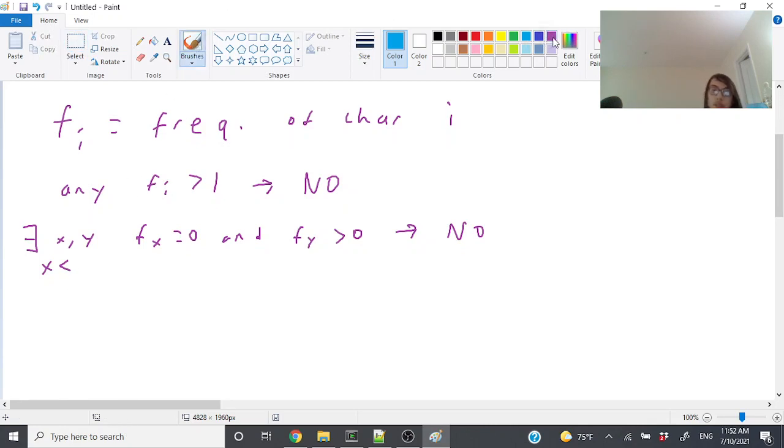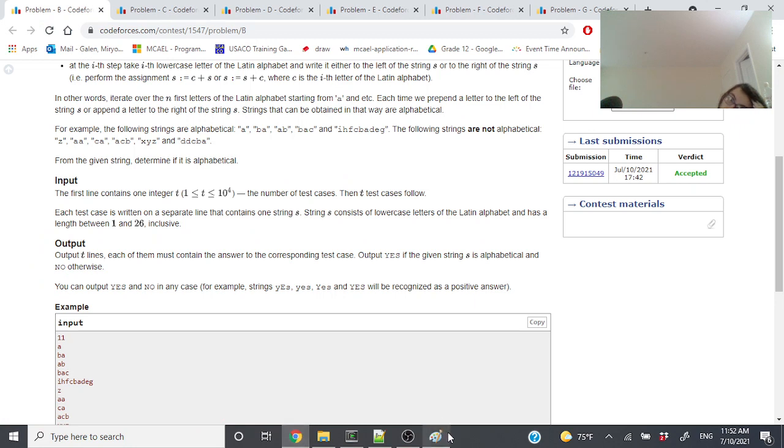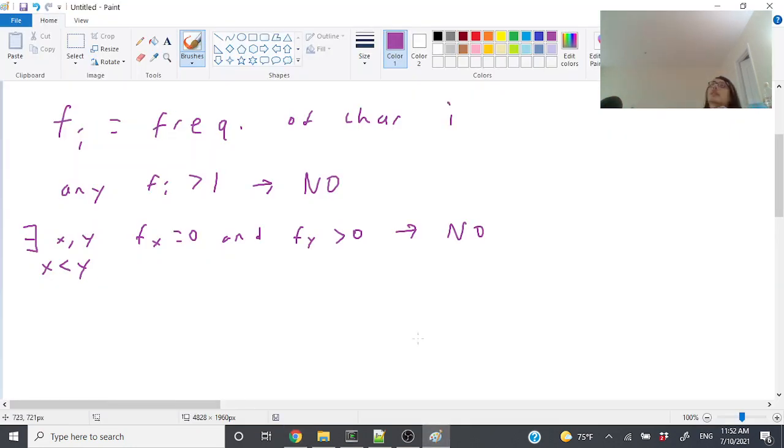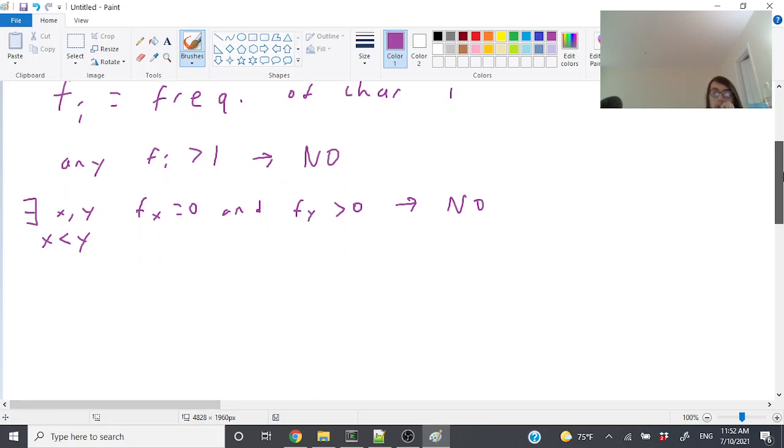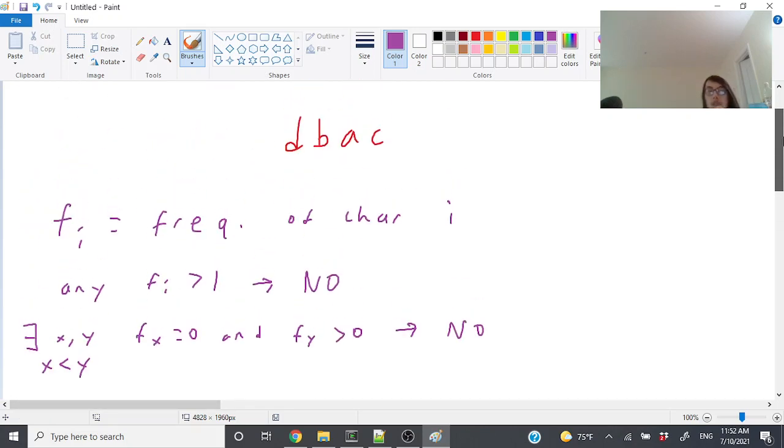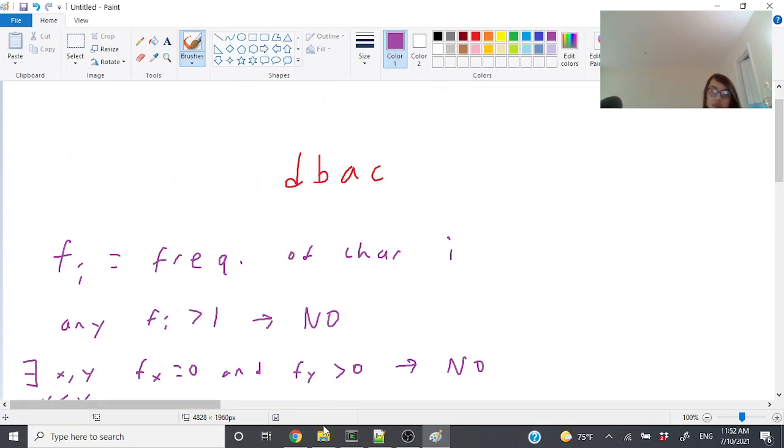So then, next part, we have to check if the order of the characters matches. It helps to store a position array, where p_i is the position of i in the string.